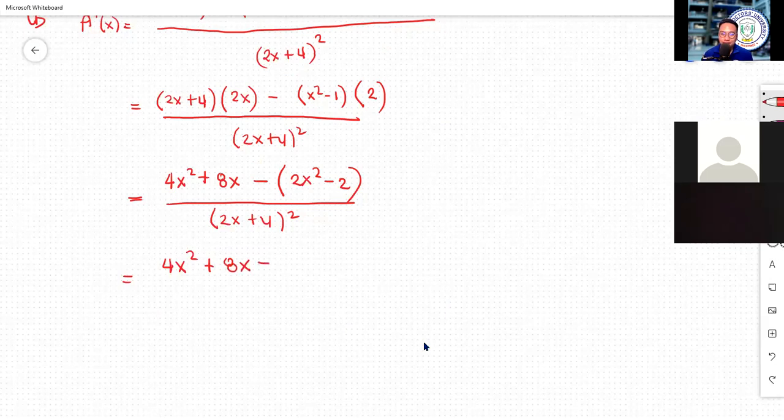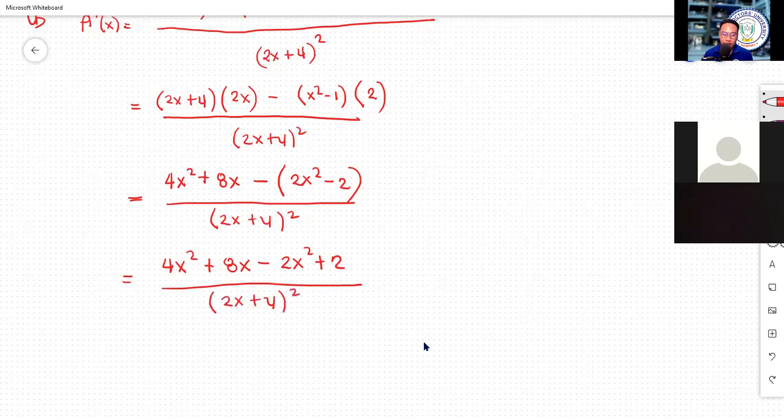What is this? 2x squared plus 2, right? And this becomes 2x plus 4 squared. Next, we have 2x squared plus 8x plus 2 over 2x plus 4 squared.